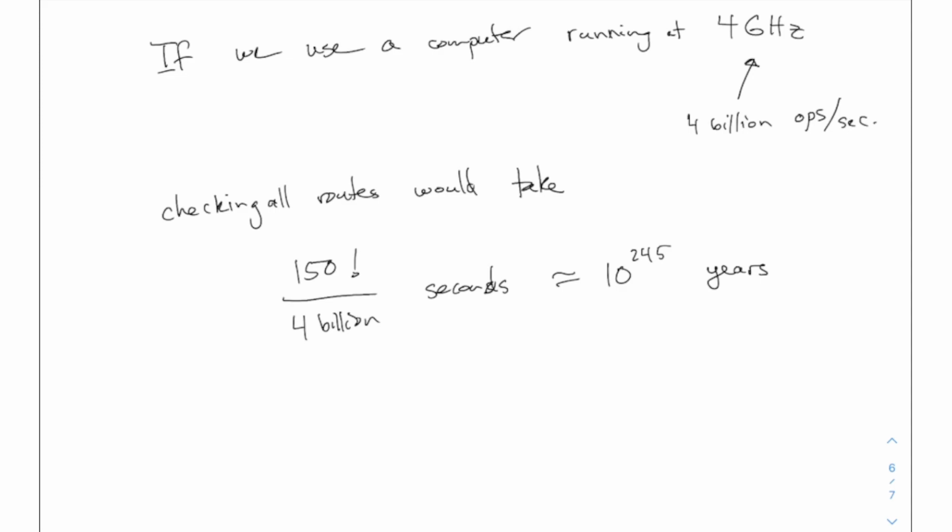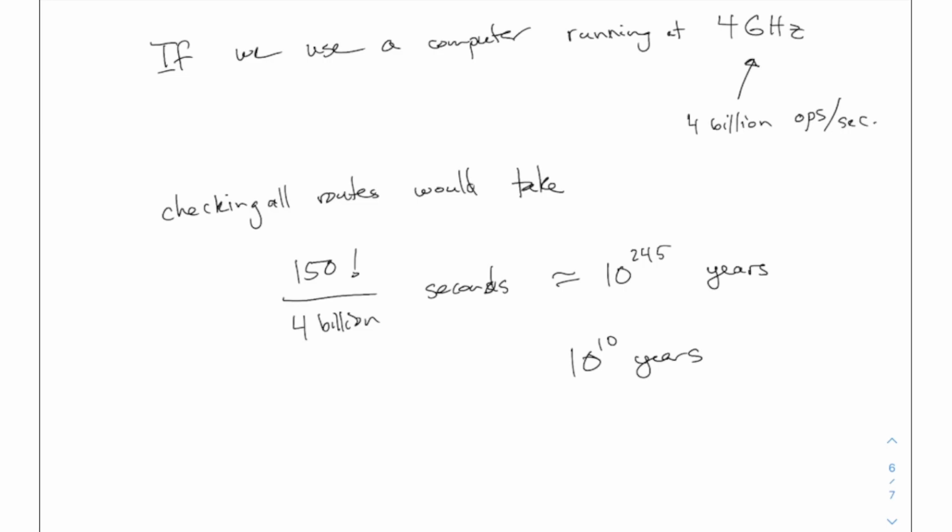That means this is a number with 245 digits. That many years is how long it would take for the computer to check all of the routes and choose the best one. And you have to do this every day for every truck, all right? Just for comparison, 10 to the power 10 years is about the age of the universe since the Big Bang.